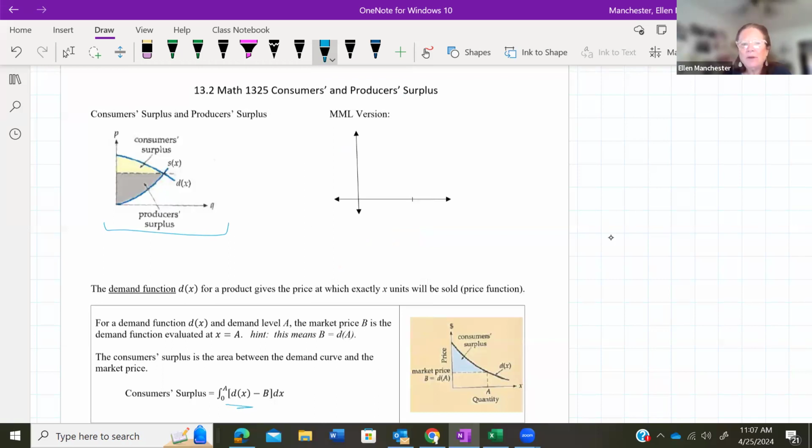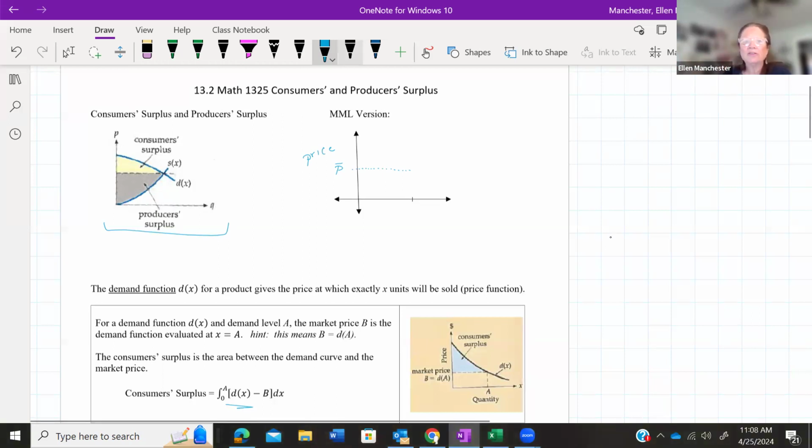The idea behind consumer surplus is we have a vertical line right here, which they call P bar, and this is just the price. This price is both for a supply and a demand function, so it's the price supply, and it's also the price demand.